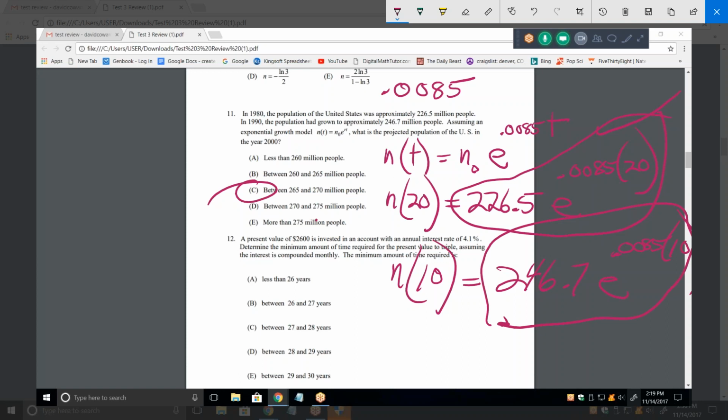In other words, because of the way they worded this problem, I could use 226.5 as the starting population with a 20-year period, or I could use 246.7 with a 10-year period. Both should give the exact same answer.